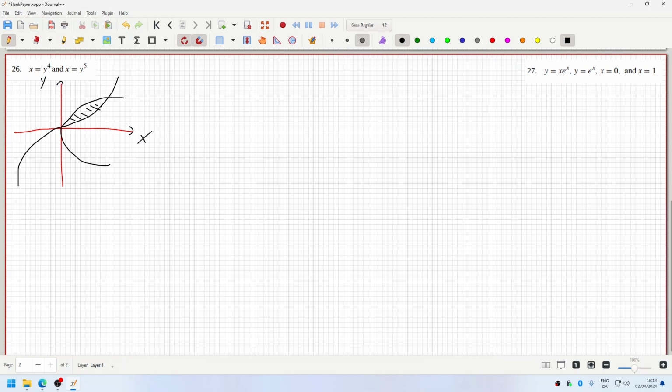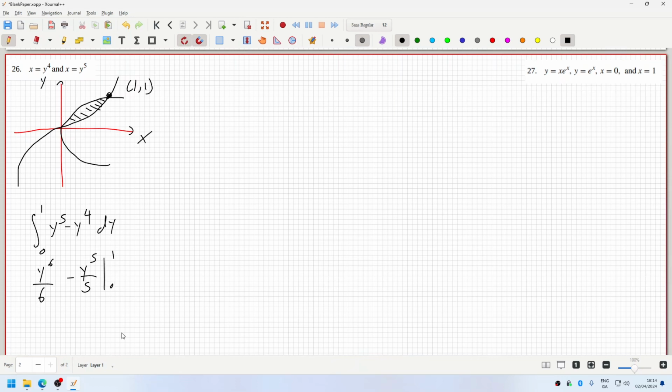So we're looking at this region here, this being the 0, 1. So the area would be y power 5 minus y power 4 dy, 0 to 1, I think. So that'd be y power 6 over 6 minus y power 5 over 5, 0 to 1.